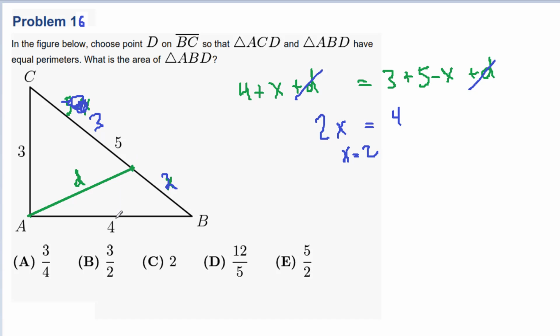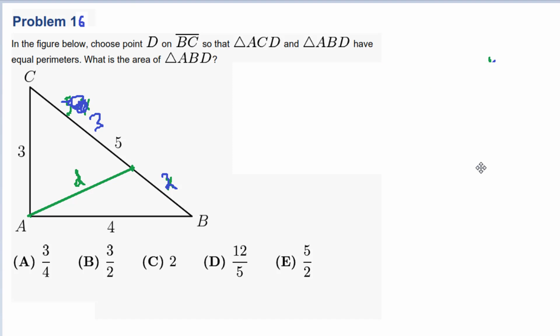So let's look at these two perimeters now. This perimeter here is 6 plus D. And this perimeter here is 3 plus 3 plus D. It's also 6 plus D. Okay, so we've got our initial condition satisfied. Let's try to create some space here. We can even erase that. All right.